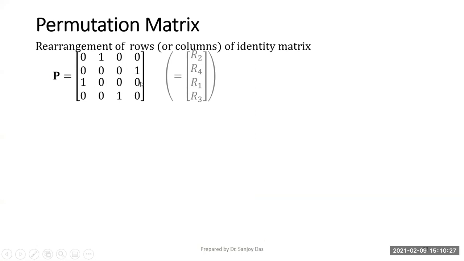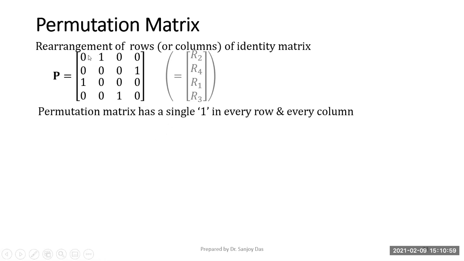I took an identity matrix I. Its row 1 would be 1, 0, 0, 0, right? And now it's in the third row. R2 is 0, 1, 0, 0, and it's in the first row now in the permutation matrix. R4 in the identity matrix is 0, 0, 0, 1, and it's in the second row here in the permutation matrix.